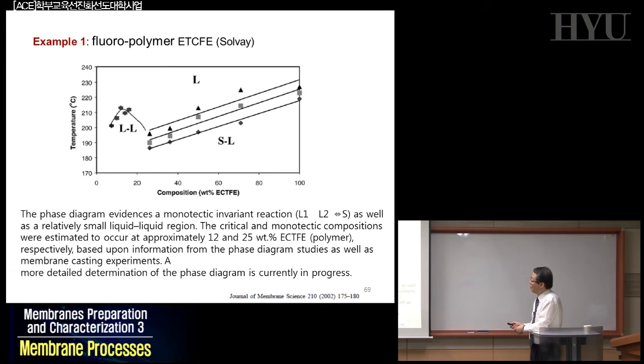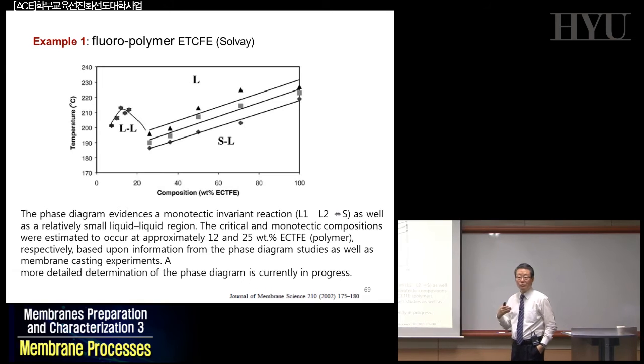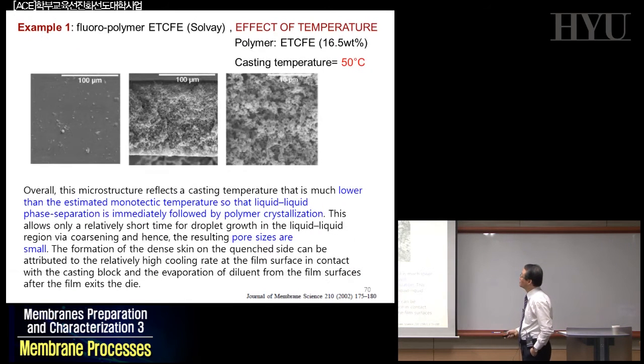So when you cast your polymer starting from point A, where you follow your cooling is very important. Whether you follow this line or this line or this line will give a different morphology of your polymers. So drawing the phase diagram is the first step to go ahead with the TIPS process.